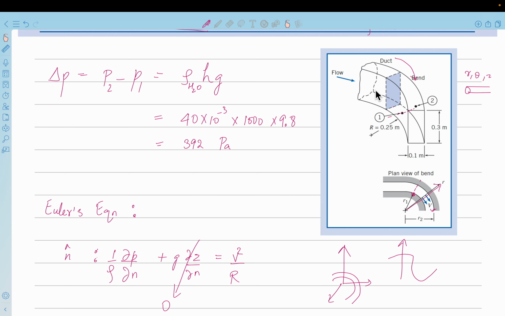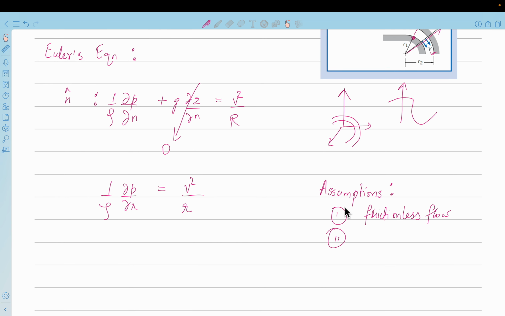There is a uniform flow. This is an assumption. So uniform flow at certain cross section. And of course we have incompressible inviscid flow assumption.